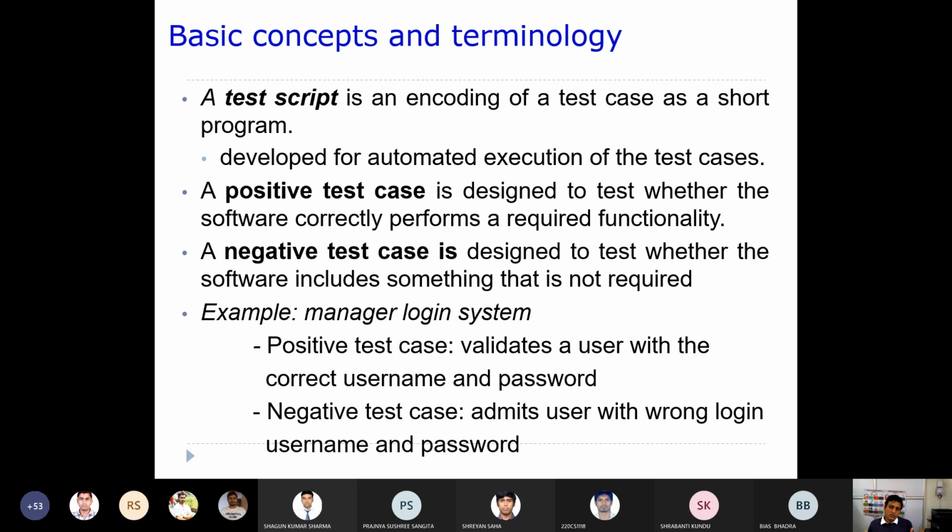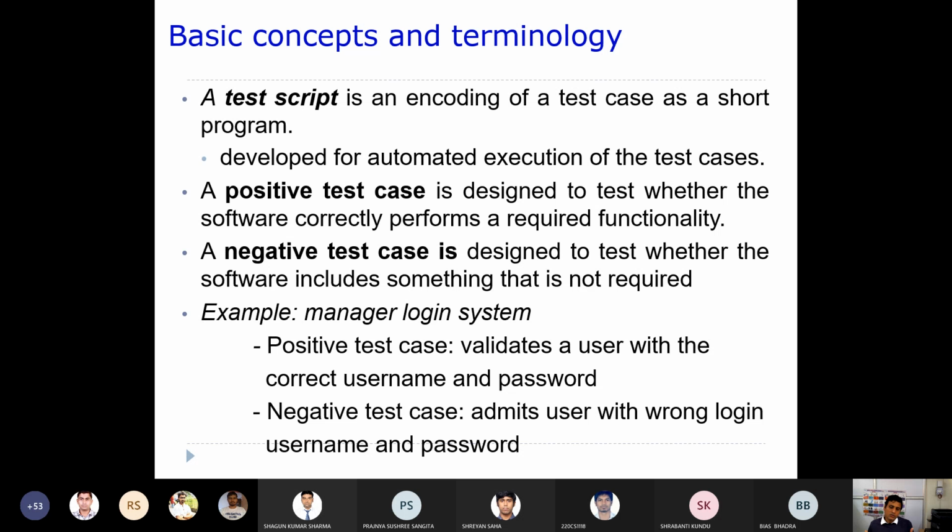So there is a positive test case. Okay, so what is a positive test case? These test cases are designed to test whether the software correctly performs a required functionality or not. Positive test case means the test cases are designed to see whether the software actually performs correctly for a particular required functionality.